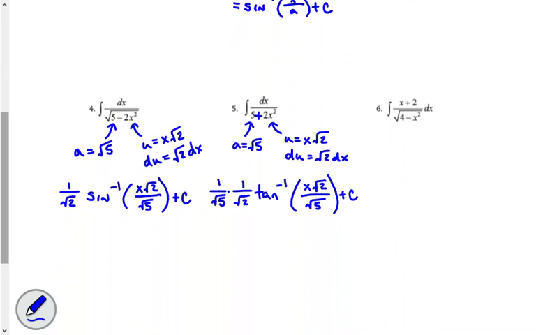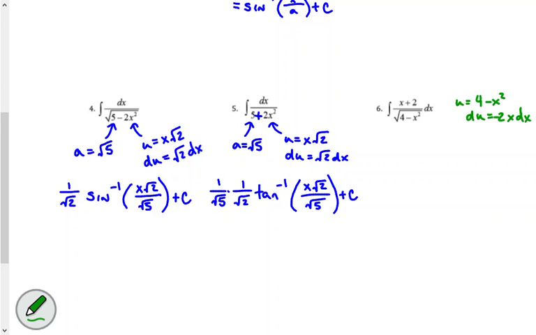Number 6 is interesting. Don't write this down yet, but this would be my first thought for 6. I've got an x on the top. Let's first try u is 4 minus x squared, but du is negative 2x dx, and that doesn't cancel perfectly with this x plus 2.